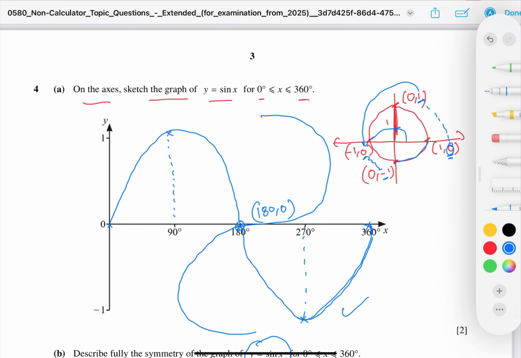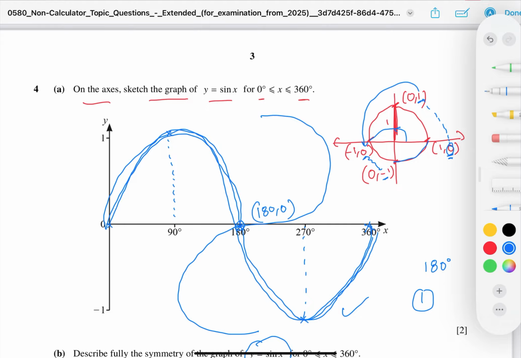Again, if I rotate it 90 degrees, will it overlap or not? Yes, it will overlap. I have rotated 180 degrees and it has overlapped one time.